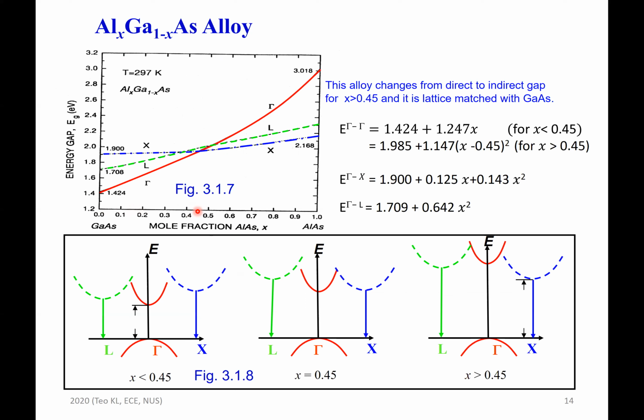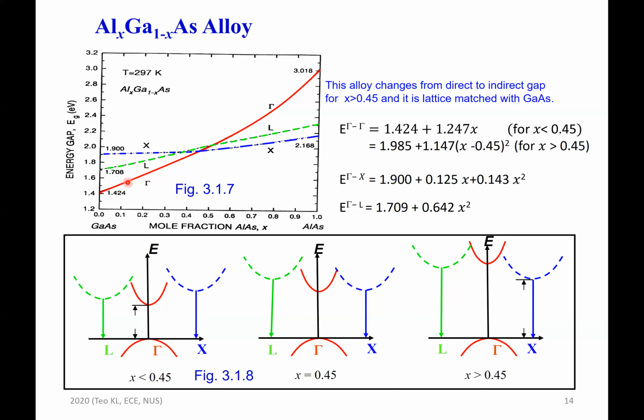So let us look at this band diagram. The red curve is known as the gamma line. The gamma line is an energy gap, defined as measured from the bottom of the conduction band at the gamma point with respect to the top of the valence band at the gamma point.